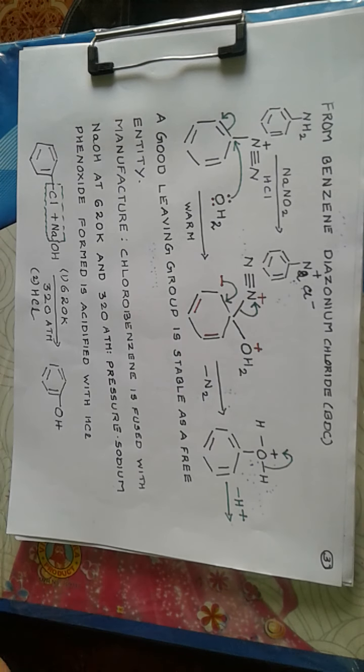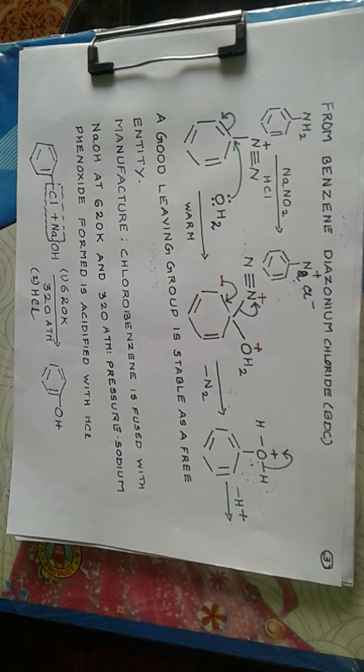Now in the laboratory, benzene diazonium chloride, abbreviated as BDC, may be used for preparing phenol. Now benzene diazonium chloride, we have seen it earlier in which reaction? In the Sandmeyer reaction.